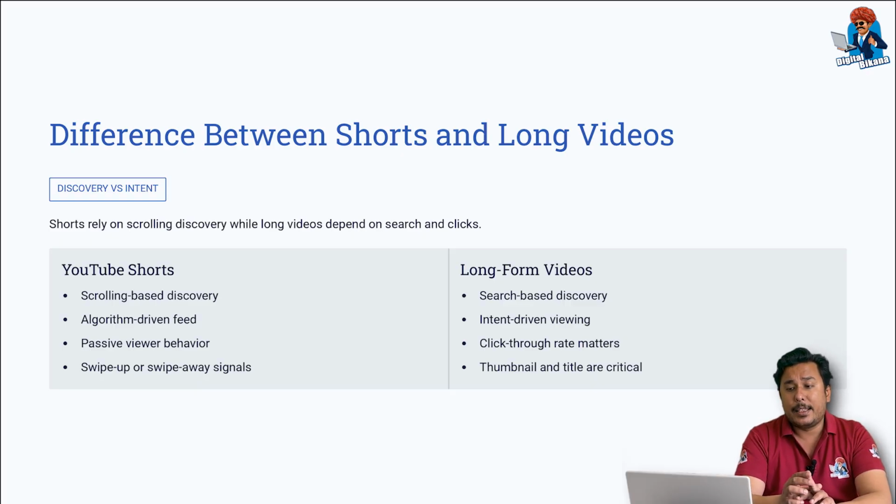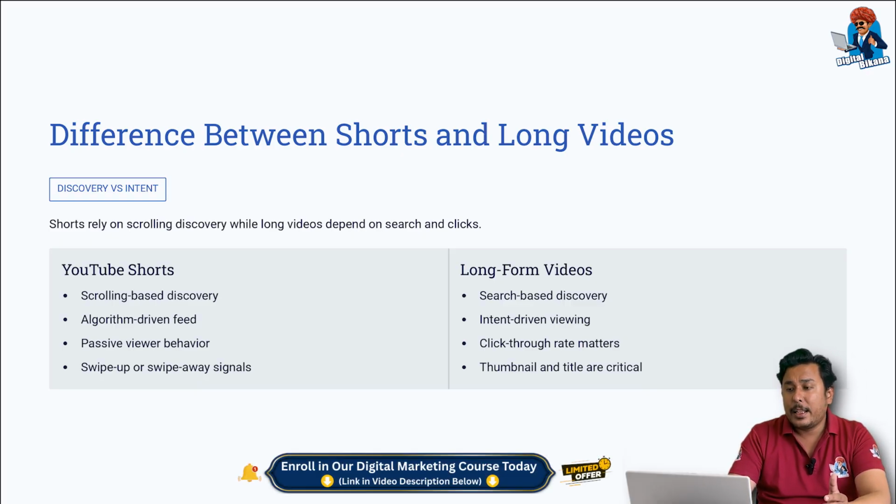Swipe ups and swipe aways give a good signal to YouTube about what kind of content that particular user wants to watch. And if I talk about long form videos, then it is basically search based discovery. If you search for a keyword or a phrase on YouTube, then you would automatically see those videos related to that particular keyword, right?